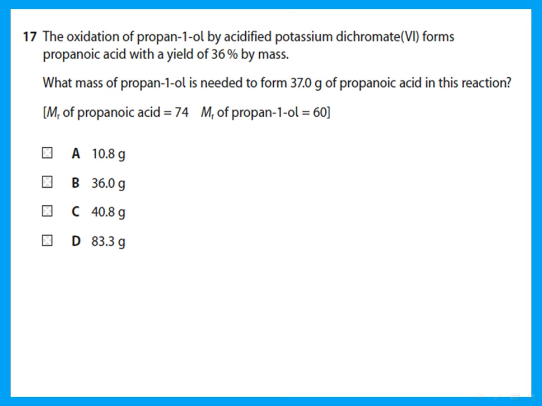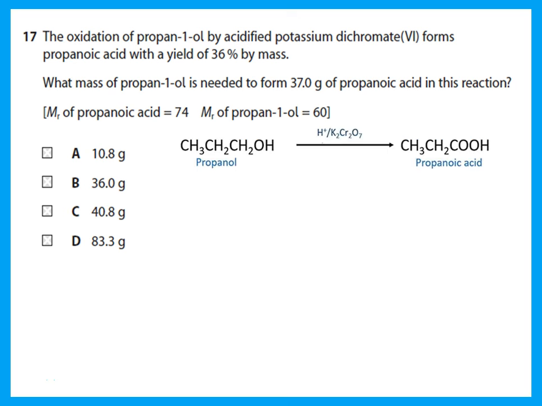The oxidation of propanol by acidified potassium dichromate forms propanoic acid with a yield of 36% by mass. And he's saying what mass of propanol do we need to form 37 grams of propanoic acid, keeping in mind that this 37 grams is actually only 36% of what I should get.